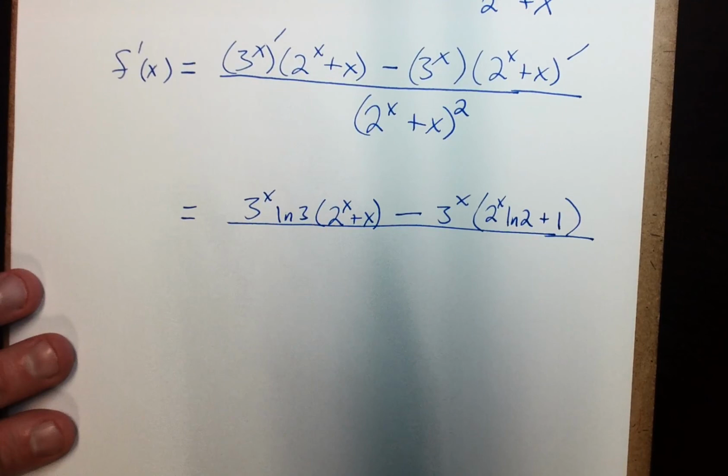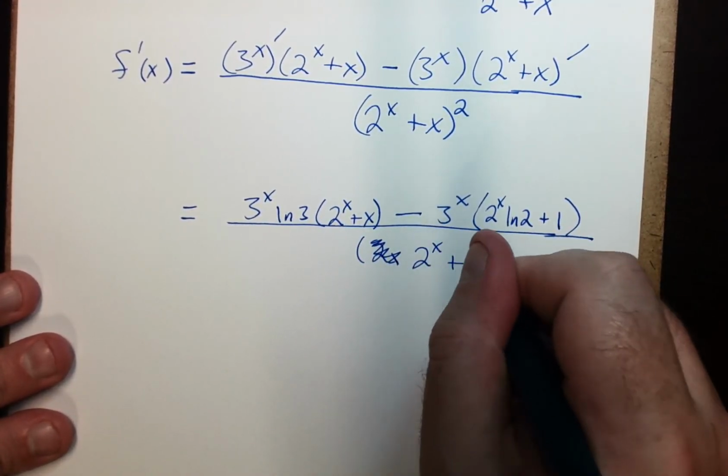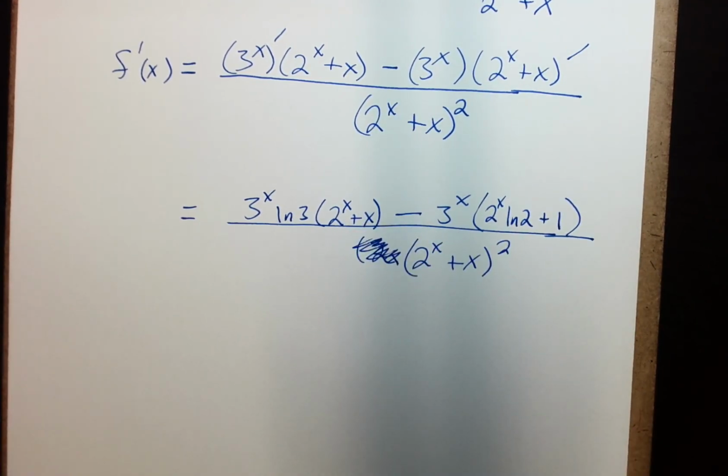Then you need the derivative here of 2 to the x plus x. Put that in parentheses. So what's the derivative of 2 to the x? Well, again, simple formula: 2 to the x ln 2. Then you need the derivative of x, which is 1. All over 2 to the x plus x, squared. All right, so there is your derivative.